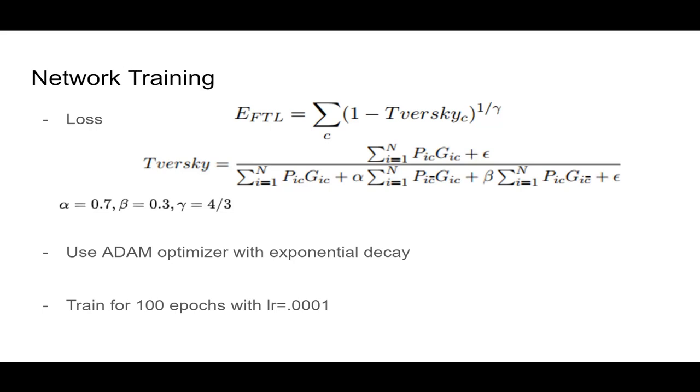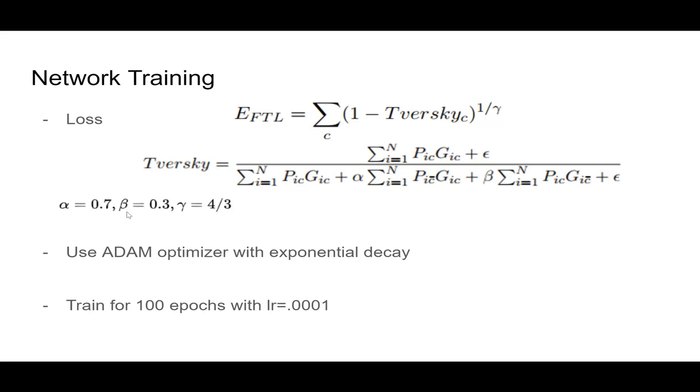But the problem with the pure Tversky loss is that it has a low convergence speed due to the segmentation of a small region of interest. And focal loss helps us overcome this issue, adding a parameter gamma to control the segmentation of a small ROI.